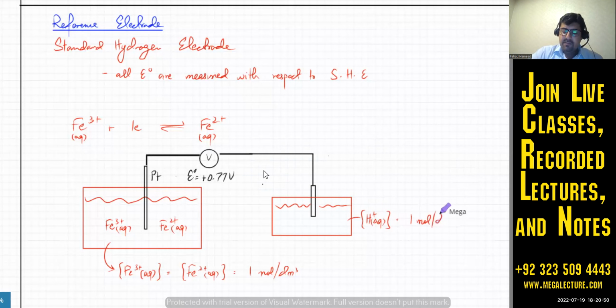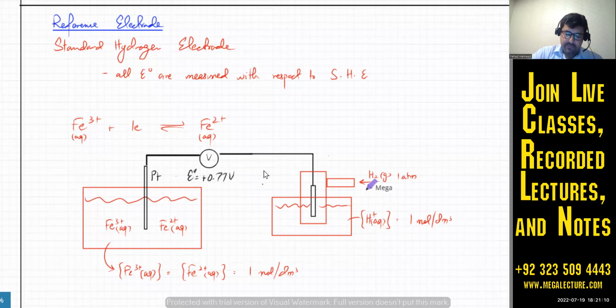And they would be in equilibrium with hydrogen gas. So the hydrogen gas will be in a gas jar at a pressure of 1 atmosphere. So that's at 1 atm.